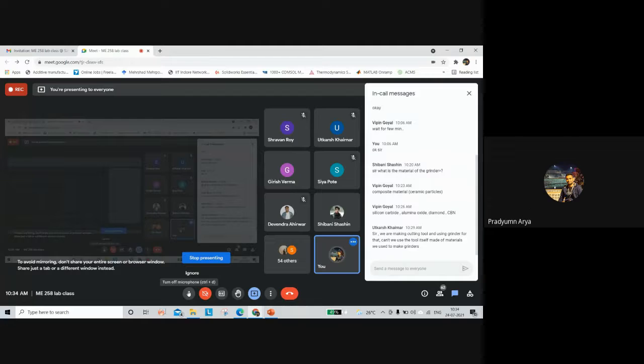Okay, I have lots of questions regarding this, so I will send you a mail to answer all of them. First, if we increase the back rake angle, tool life increases. Why? Because the contact length of chip and tool decreases. At high temperature, contact length is more, so carbon starts diffusing from the tool to the chip, and the tool becomes weaker and weaker.